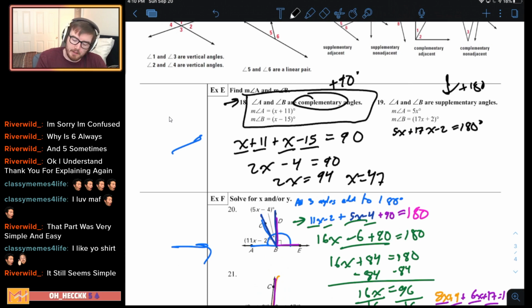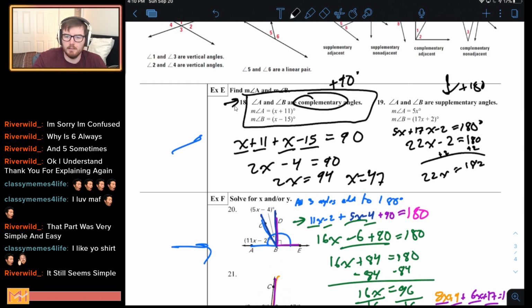So 5x and 17x, what is that? 22x. Add the 2 over. 22x equals 182. Divide by 22.